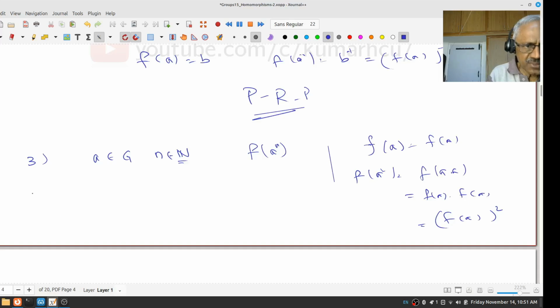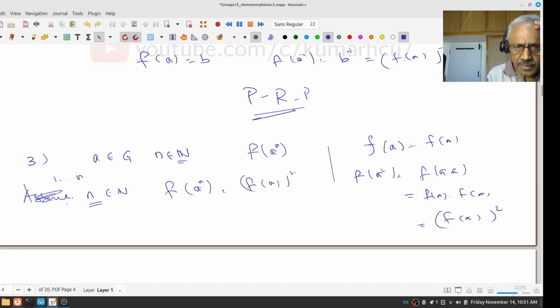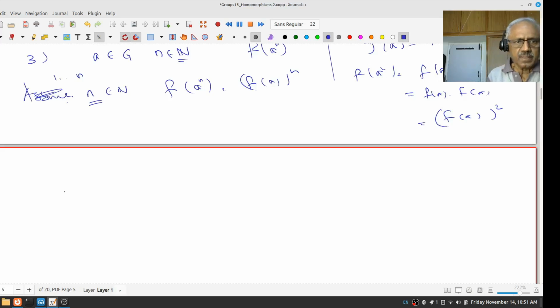So by induction, assume as induction hypothesis that for some fixed n, we have proved f of a power n is f of a whole power n. Now let's look at f of a power n plus 1. Again, what is this by definition? a power n plus 1 is a power n into a.